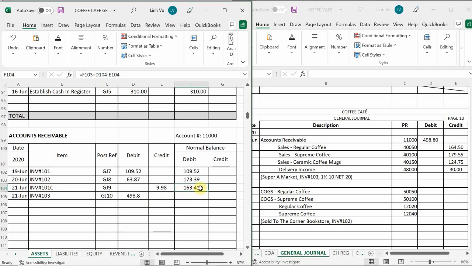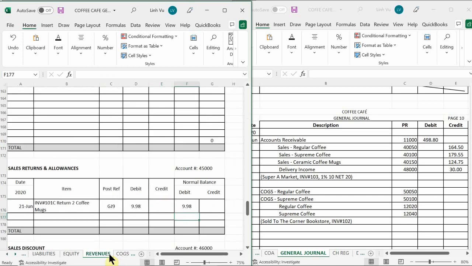So 16, 30, 3, 163.41, add 409, 8.8. We got 662.21. Good.